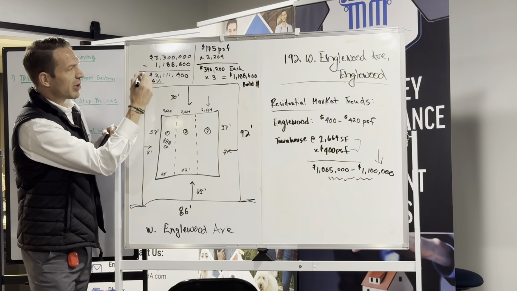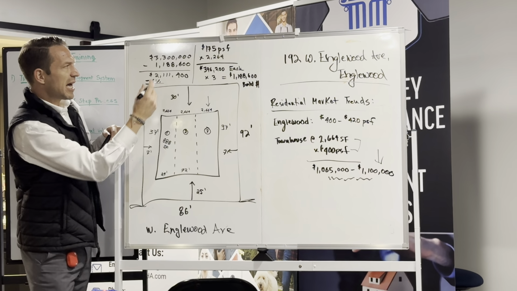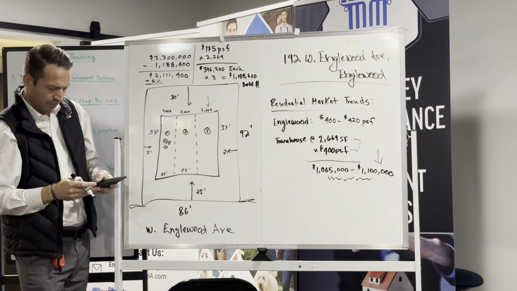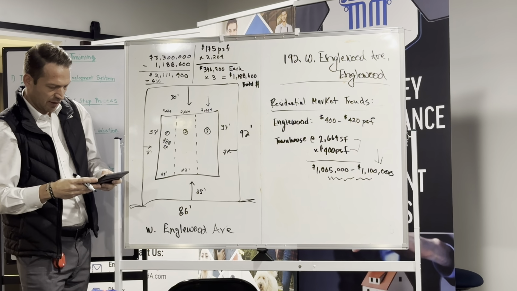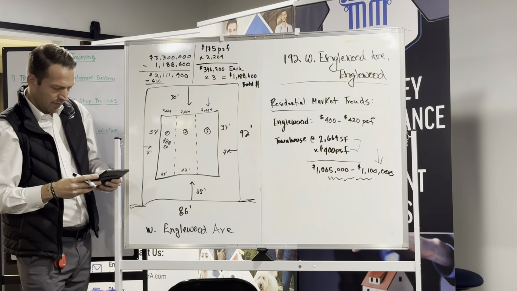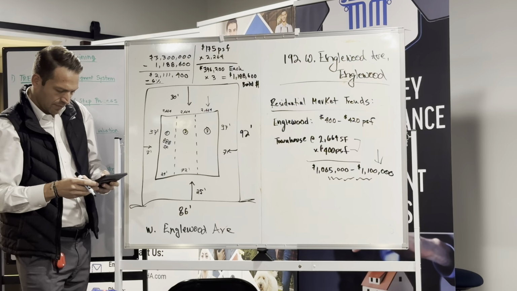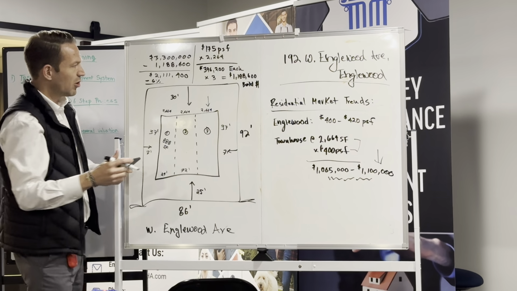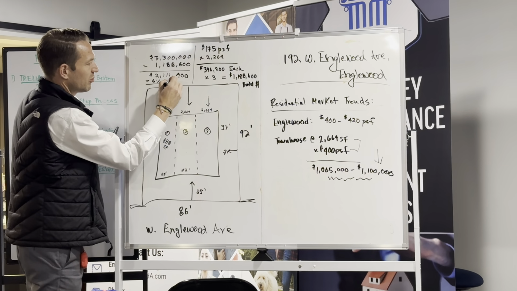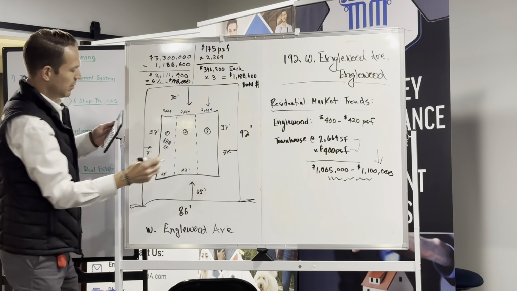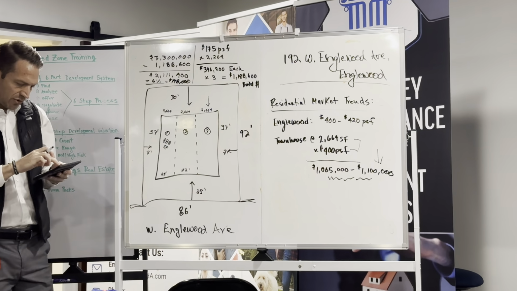So, Adam, can we do 3.3 minus 6%? 6% is very low. So 198,000, we're just gonna minus that as well.